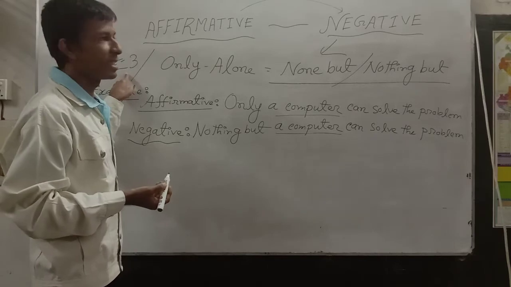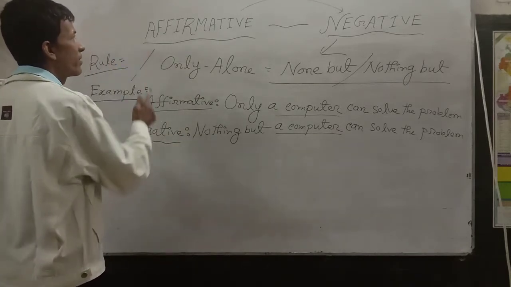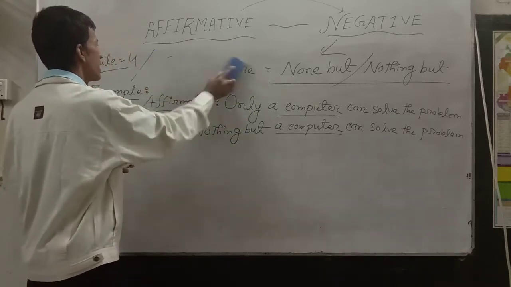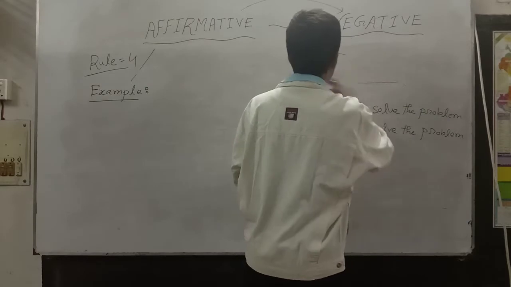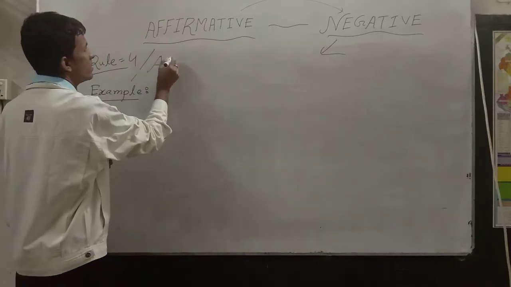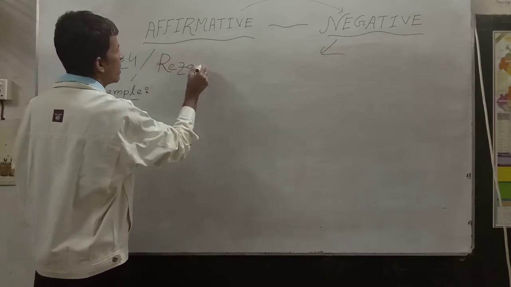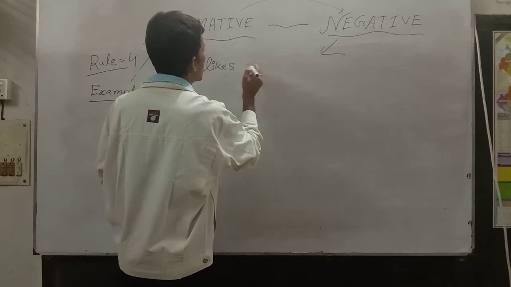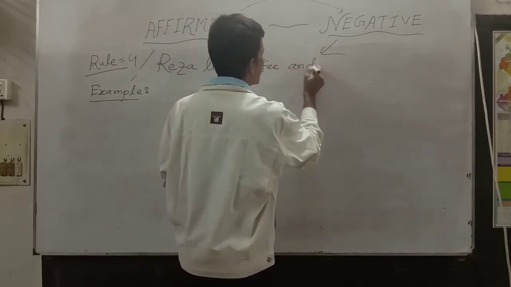Now in the next structure, I will discuss another type of sentence which can be transferred from affirmative to negative, and in the reverse way from negative to affirmative. Rule 4. Reza likes coffee and tea.